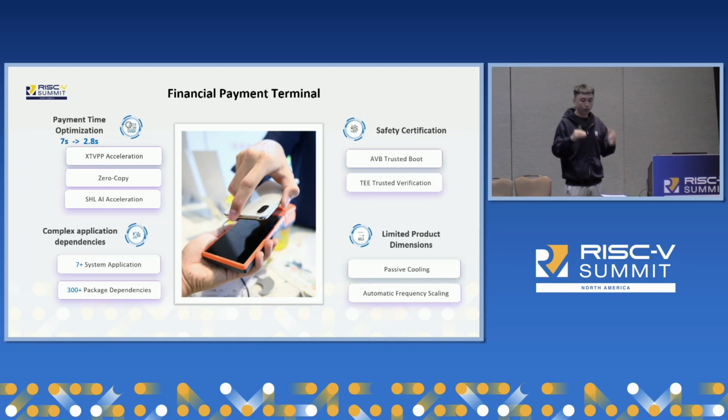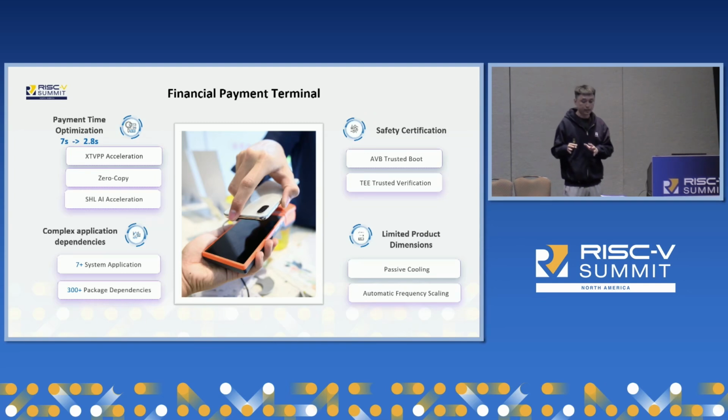And we also finished the complex application dependencies that involve 7 system applications and more than 300 package dependencies, which involved a lot of my colleagues and engineers helping to finish this.